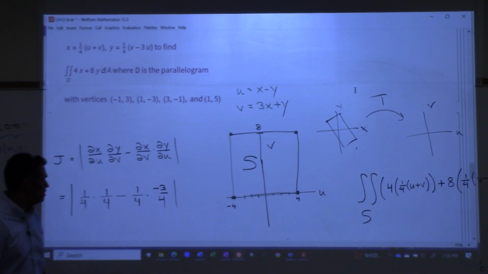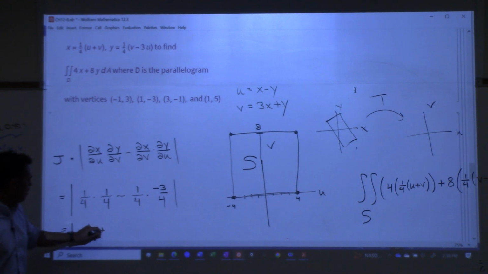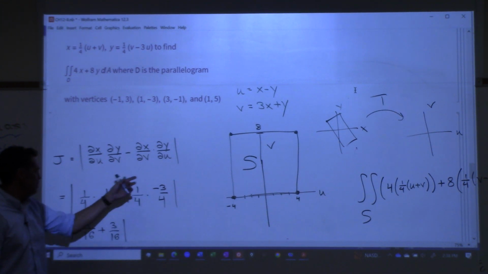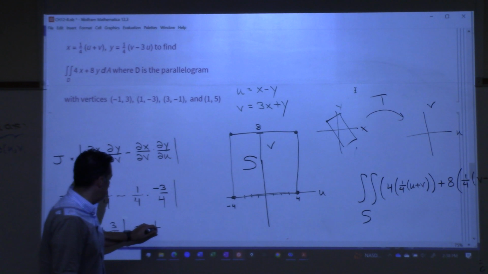Absolute value of this: 1/16 plus 3/16, since multiplying negatives is positive. That's 4/16. Absolute value of 4/16 is 1/4.